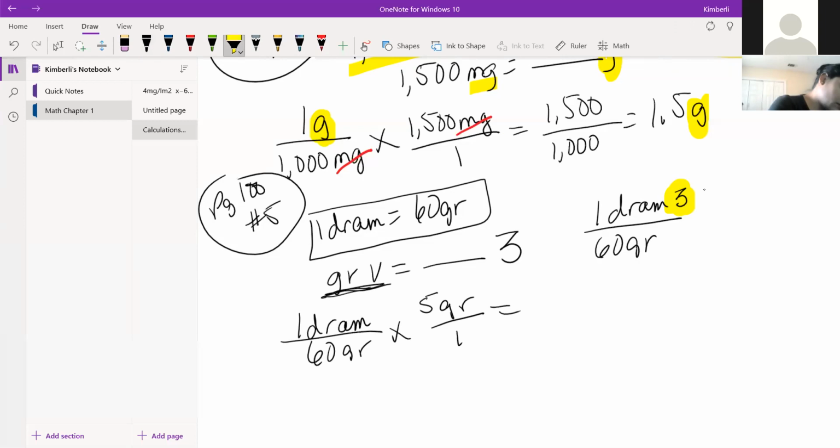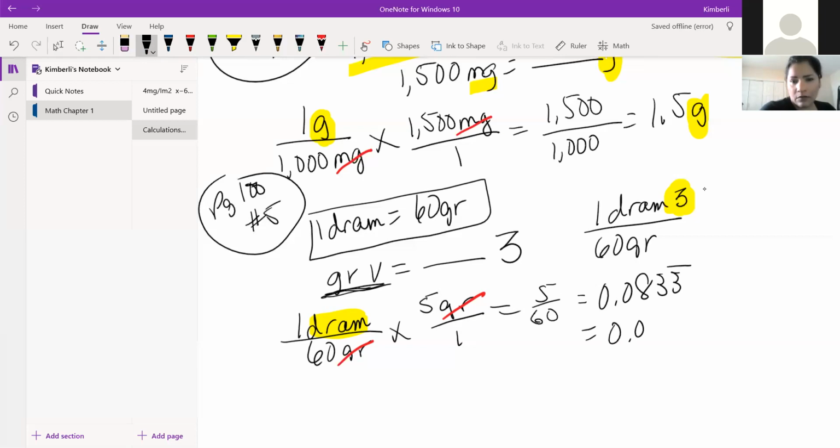So there's the dram that I want to end up with. The grains are going to cancel. And that leaves me with 5 divided by 60. On my calculator, 5 divided by 60 is 0.08333 repeating. Okay, so it's going to be 0.08 drams.